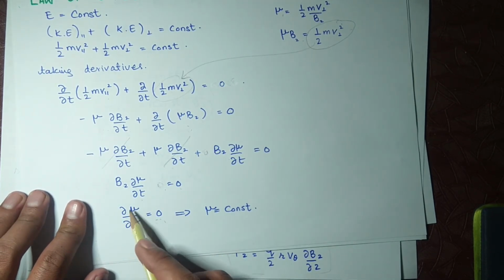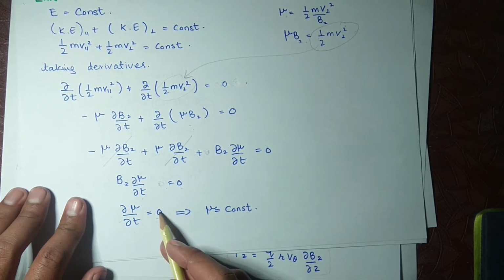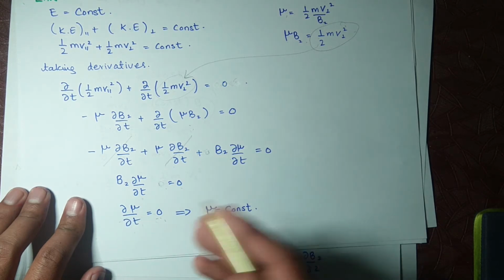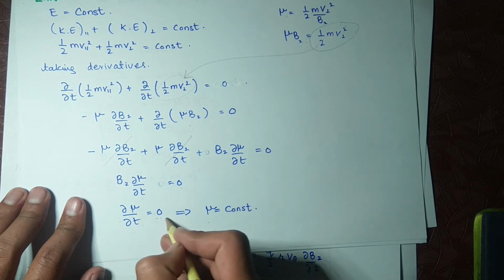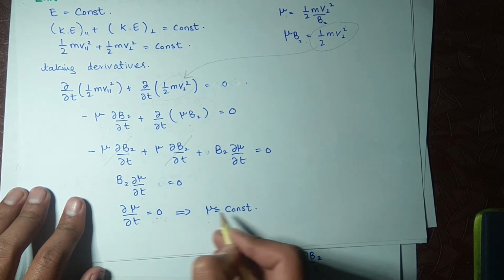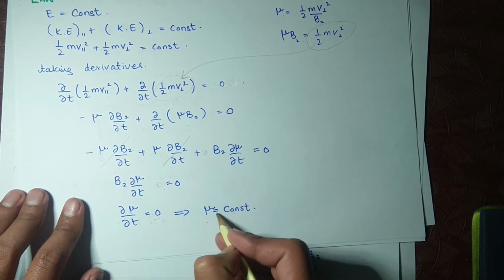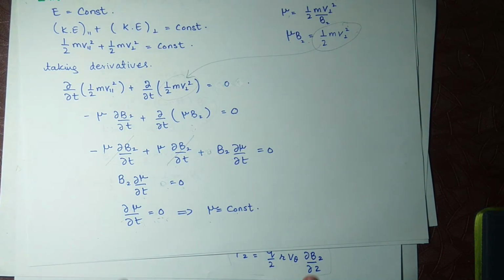This factor being 0 means that mu is a constant term, because its time derivative is equal to 0. Now we have found that mu is a constant term.